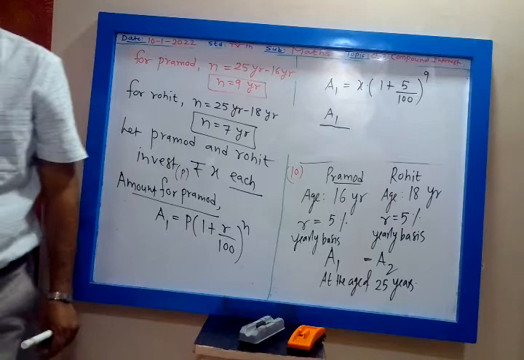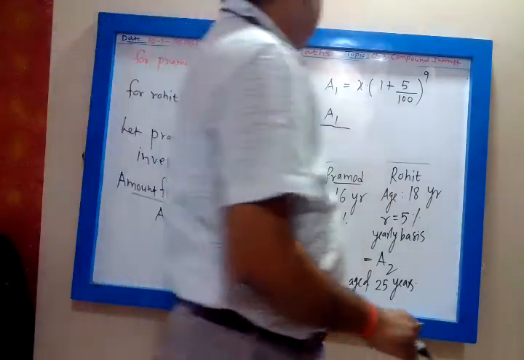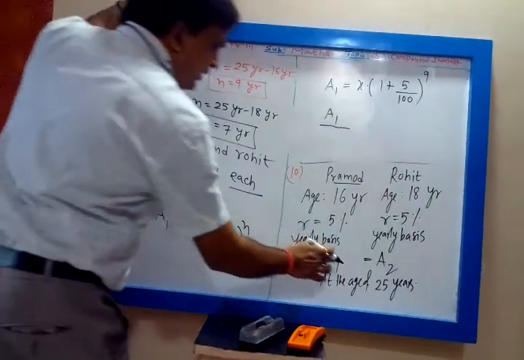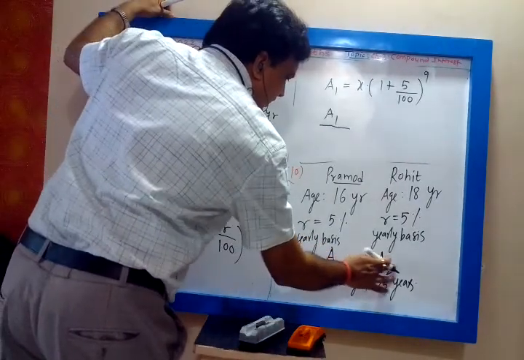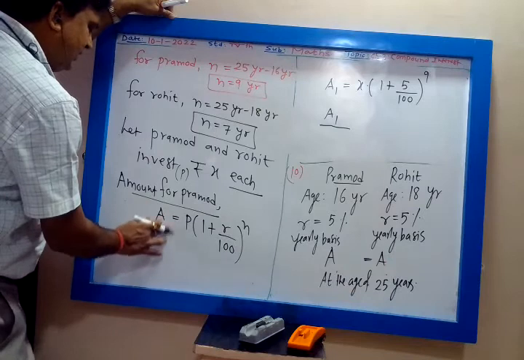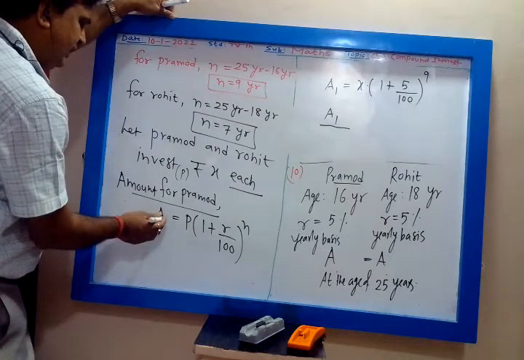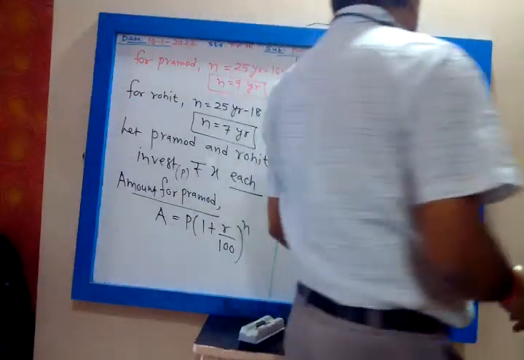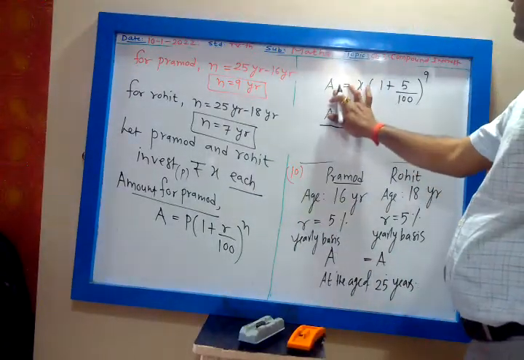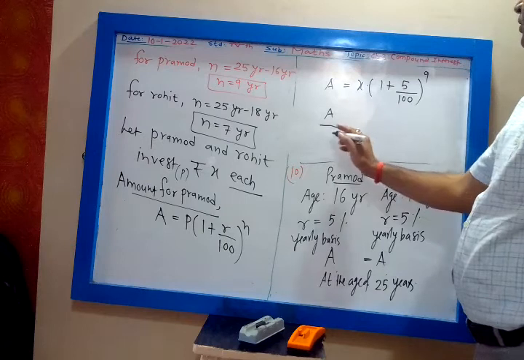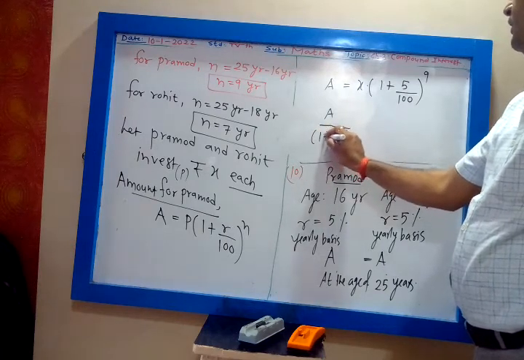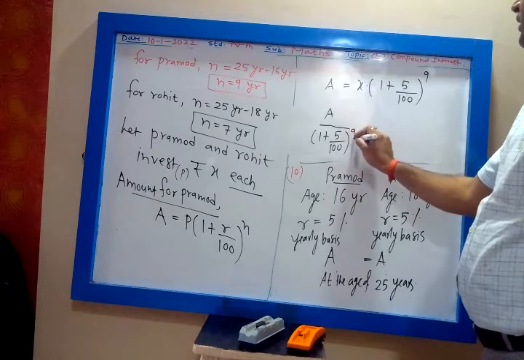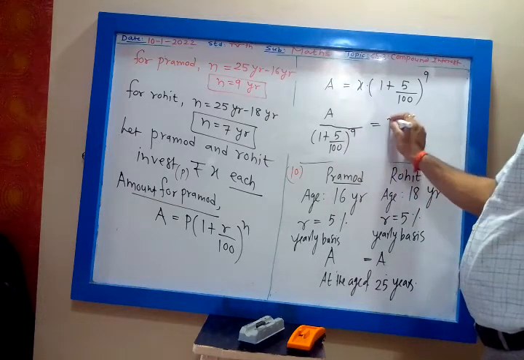They have the same amount, so do not take A1, A2; you take A, otherwise you will get confused. The amount is the same. So A upon (1 plus 5 upon 100) raised to 9 is equal to X.